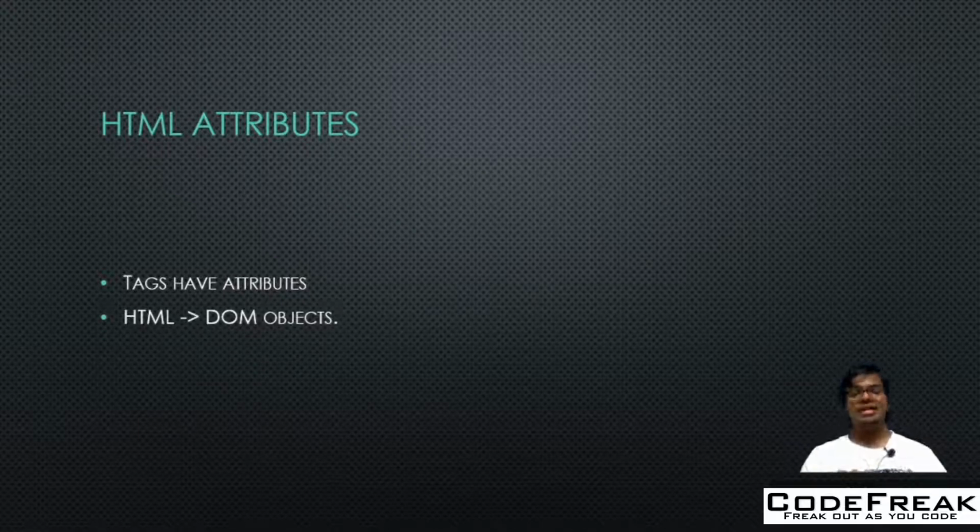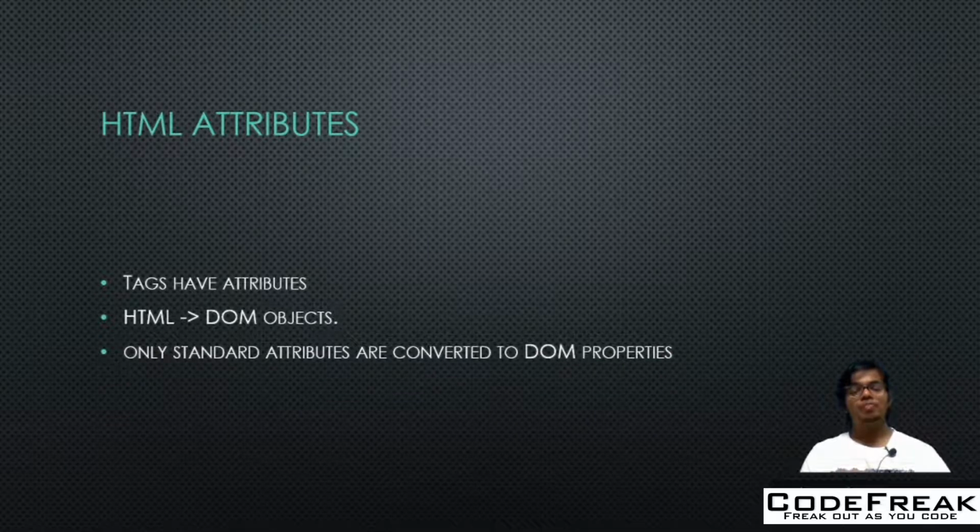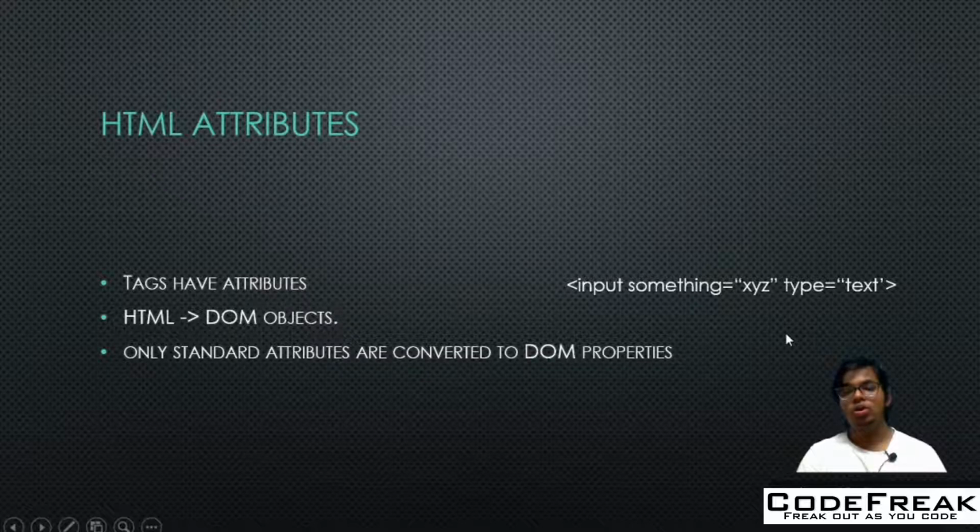I have already said that whenever the browser renders HTML, all the tags are turned into DOM objects. Only standard attributes are converted to DOM properties. Those which are not standard are not converted to DOM properties. For example, here you have type equal to text. This type is a standard attribute, and something equal to XYZ is a non-standard attribute.